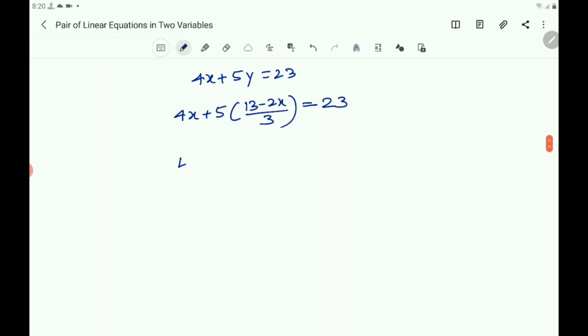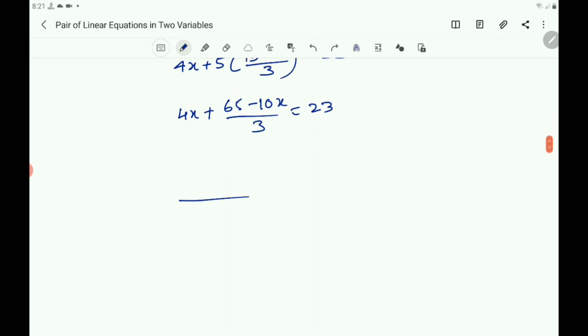Then that is 4x plus, you multiply, 5 13s are 65, 5 2s are 10, that is (65 minus 10x) by 3 equals 23. Now here you must take the LCM.